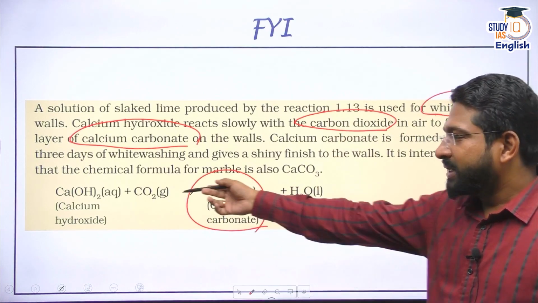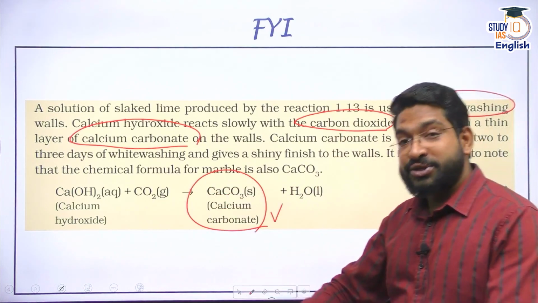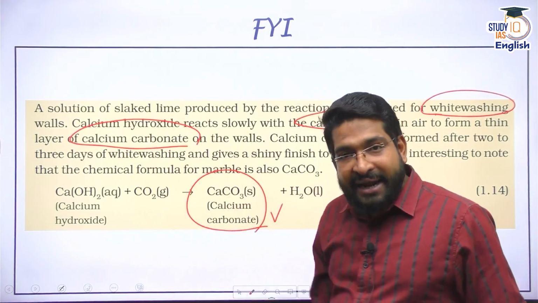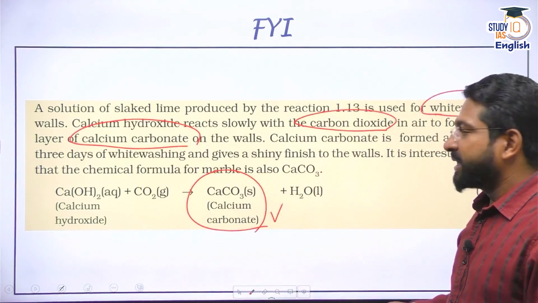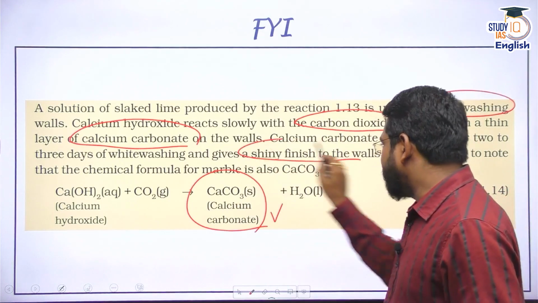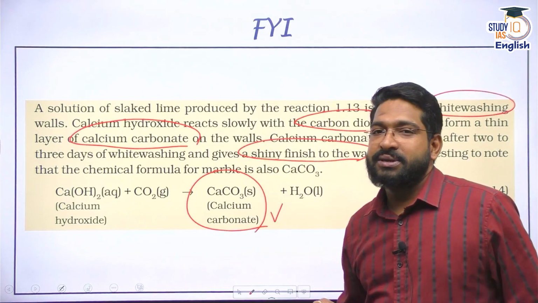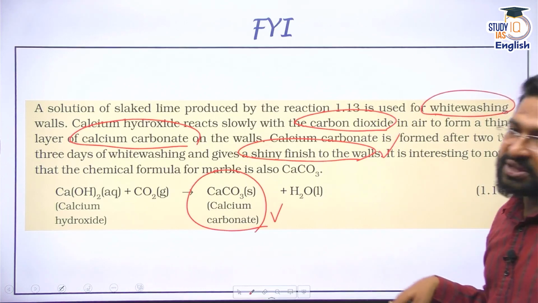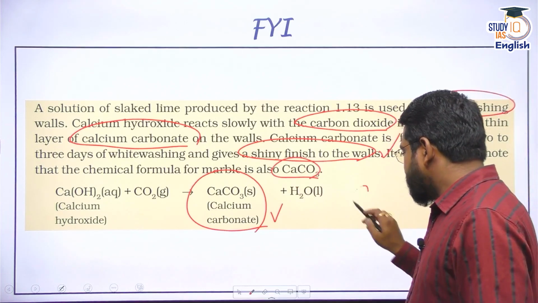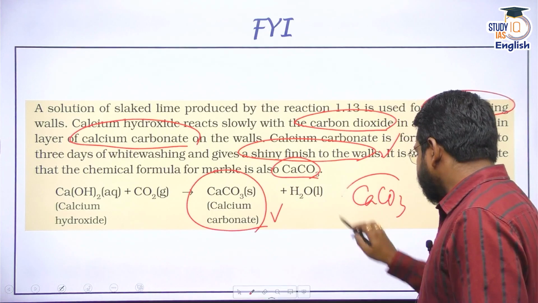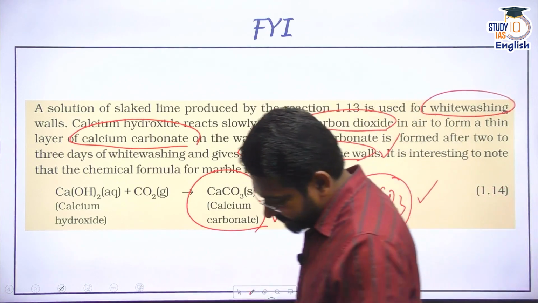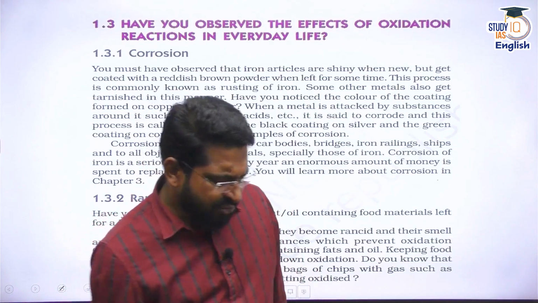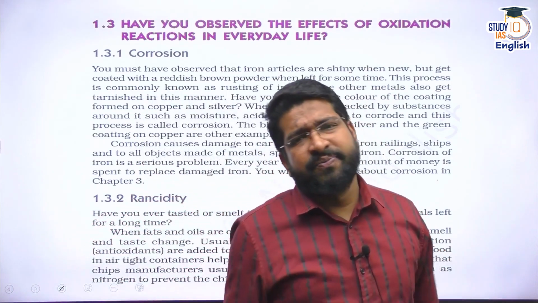Slowly and steadily, the calcium hydroxide is basically used as paint, and it is painted on the walls, and it reacts slowly with carbon dioxide, giving a very shiny finish to the walls. And please remember that it's very interesting to note that even the formula for marble is also CaCO3, calcium carbonate itself. Clear?